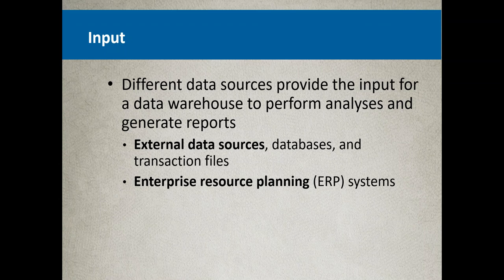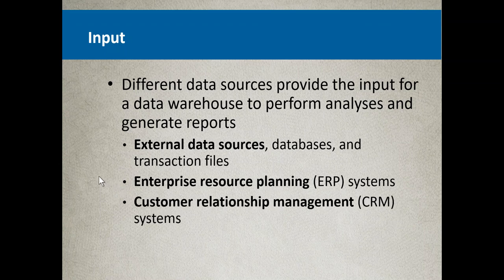A lot of companies have these integrated modules, and that's what ERP systems are used for. All of those different systems can be warehoused, and they can all bring in different inputs to help answer some questions. Another area within an enterprise system could be your customer relationship management system. This is another kind of management information system specific to customer relationships.